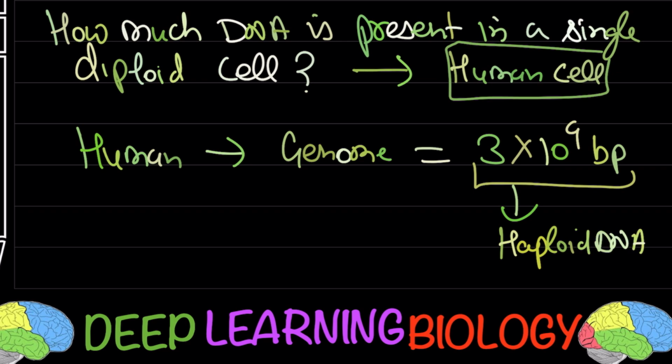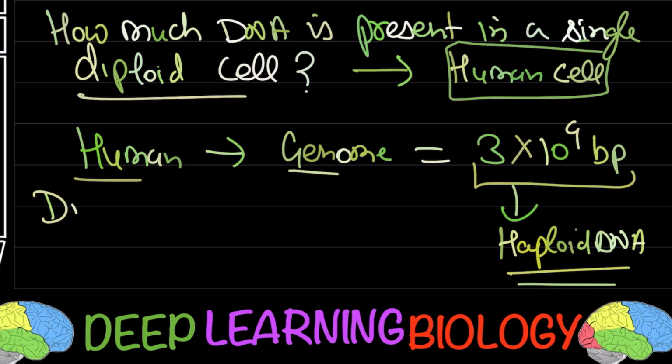Here we have to see what is going to be the total DNA in a single diploid cell, and what will be the weight of that DNA. Within the human genome you have 3 billion letters, 3 billion base pairs, which is the haploid DNA content.